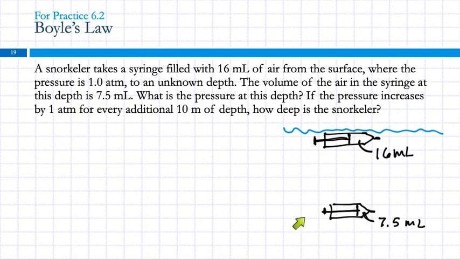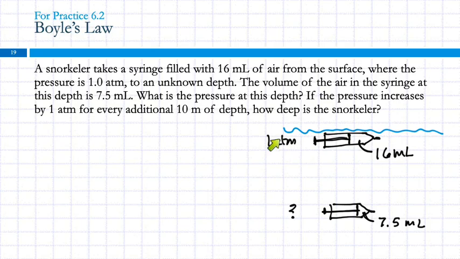Because as you go down in the water, the pressure gets bigger, right? What's the pressure up here at the surface? 1 atmosphere. So 1 atmosphere up here. What's the pressure down here? Well, that's the question. What is the pressure at this depth, right? So that's what we're trying to figure out.